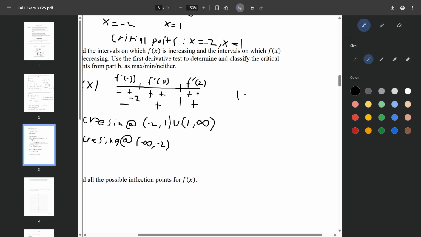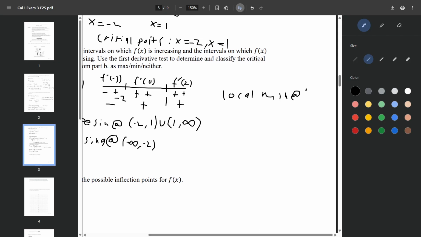So local min at, let's see, what would be best? Well, the best would be to calculate where the local min would be.